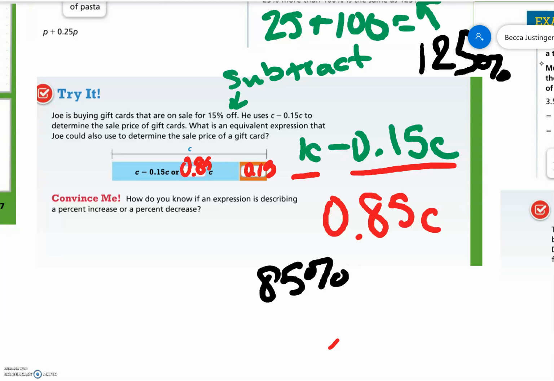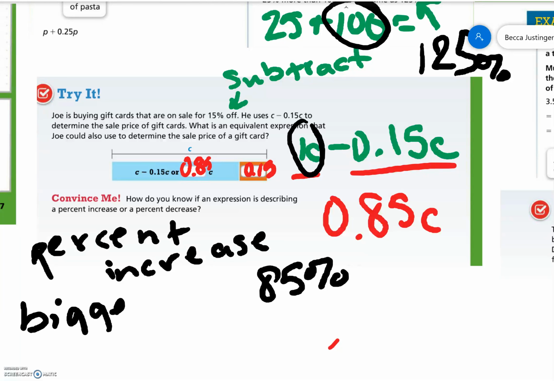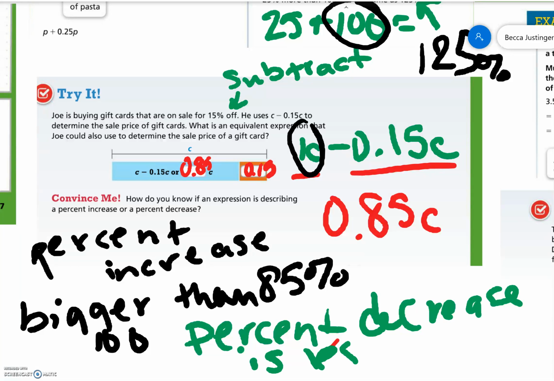Do we see a pattern? Is there something that's maybe more than something or less than something? We're always starting with 1 or 100. So a percent increase is bigger than 100, and a percent decrease is less than 100.